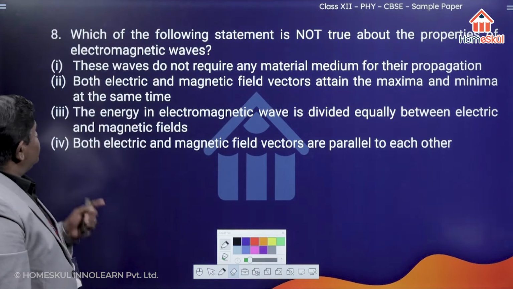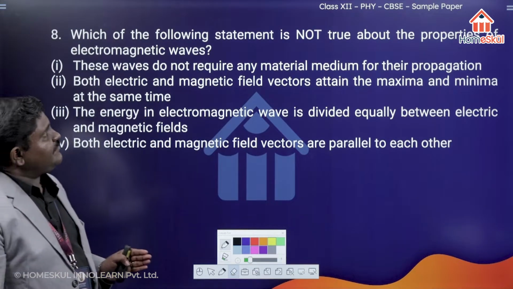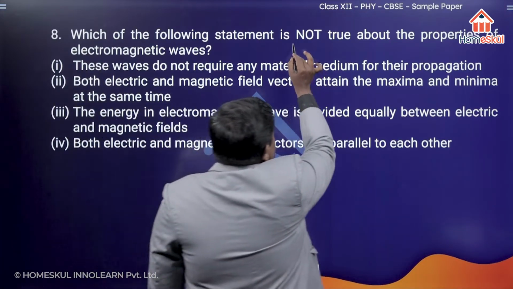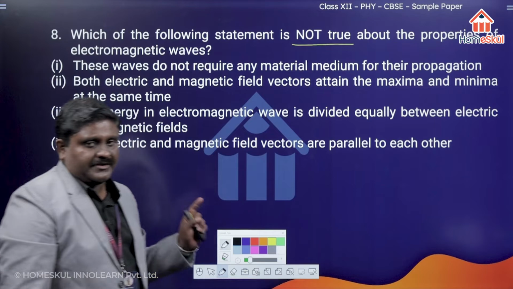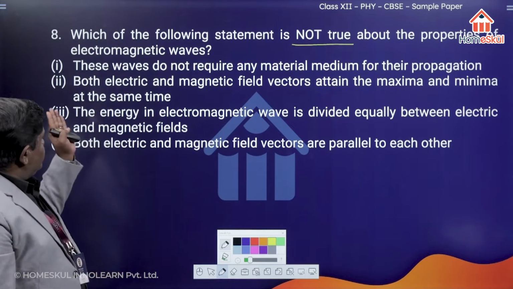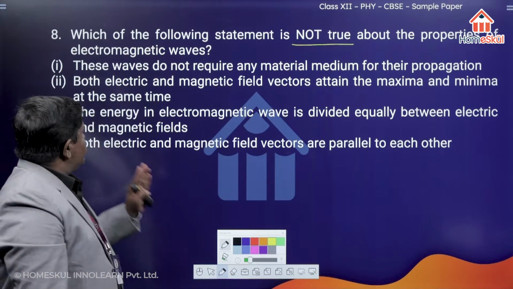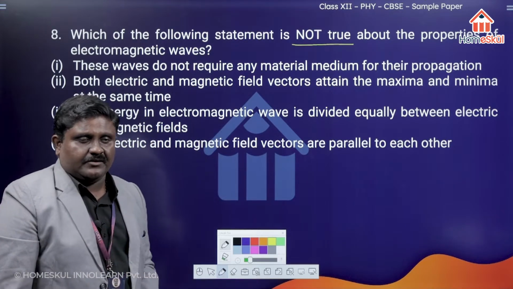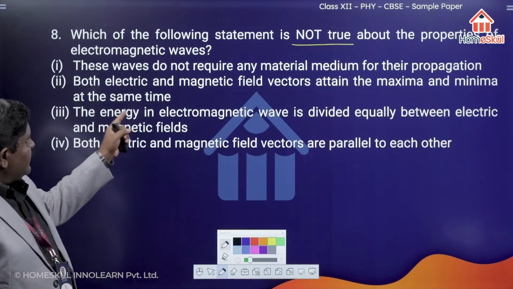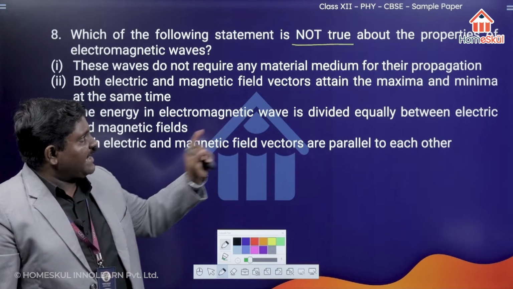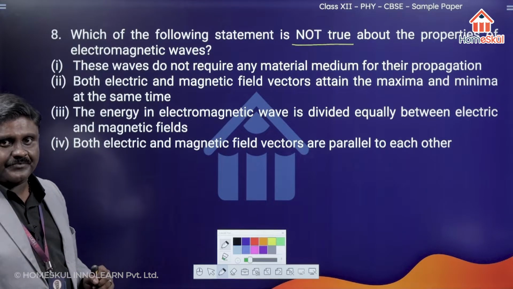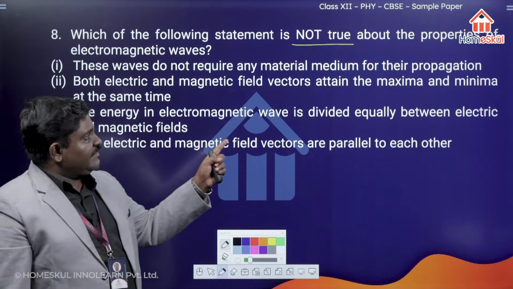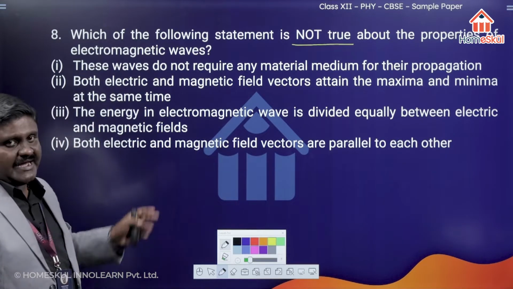Now the 8th question. Which of the following statements is not true about the properties of electromagnetic waves? Carefully read this question. Not true. That's the point. The 4 options are given. The first option, these waves do not require any material medium for their propagation. That's the correct one. The second one, both electric and magnetic field vectors attain the maxima and minima at the same time. That's also correct. The third one, the energy in the electromagnetic wave is divided equally between electric and magnetic field.